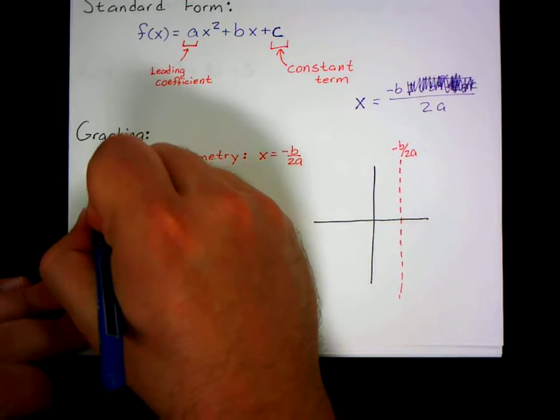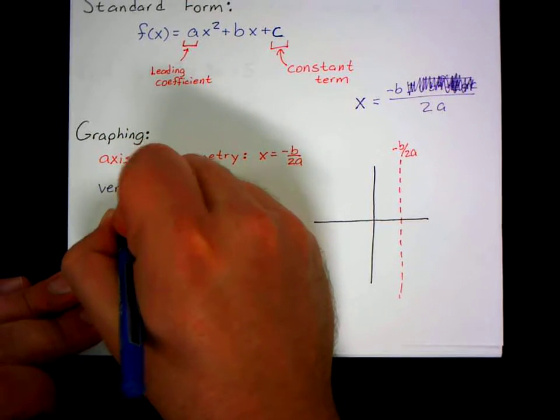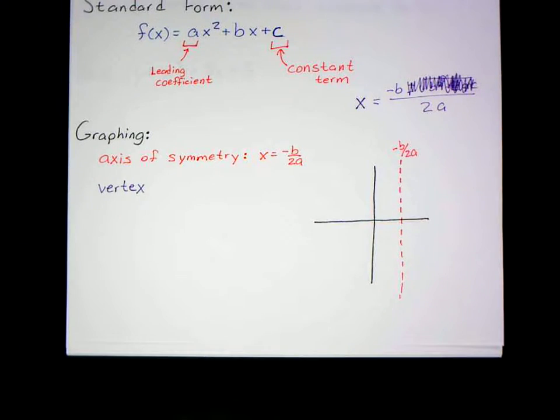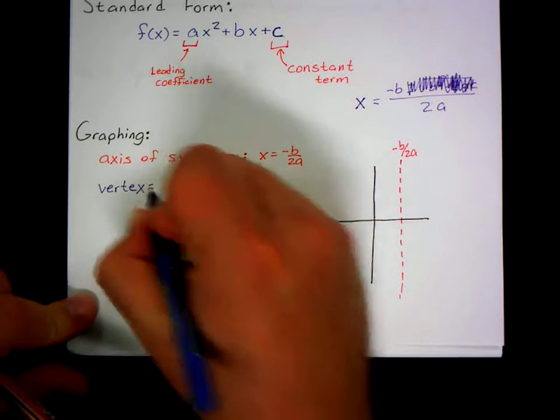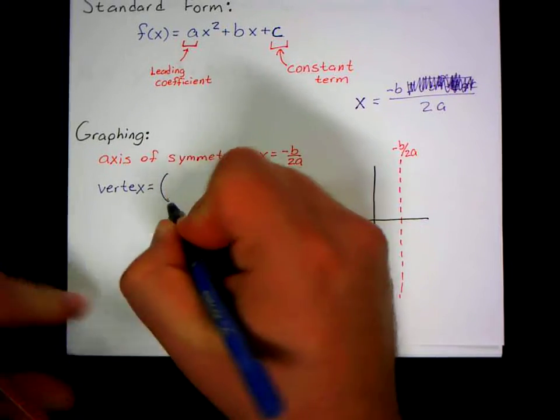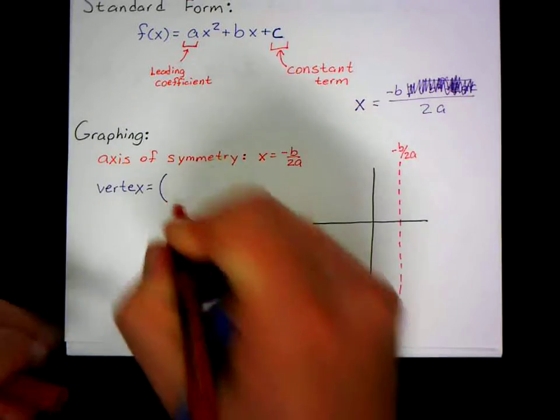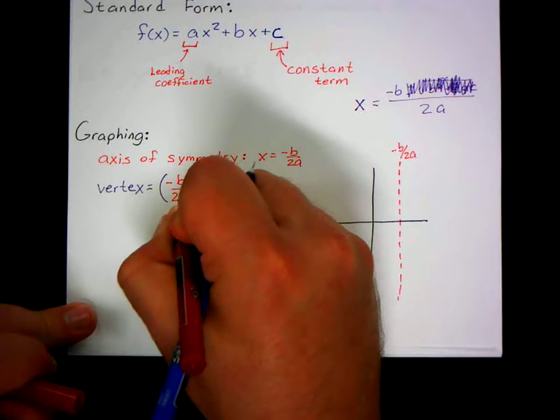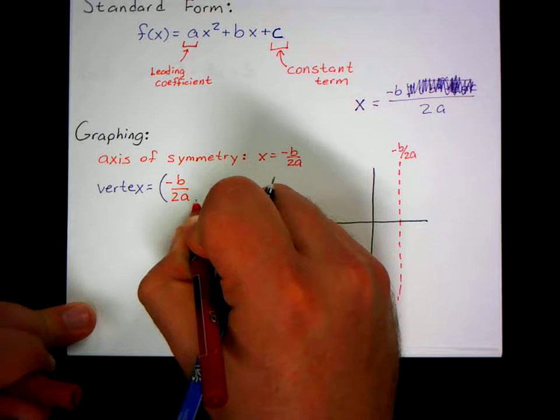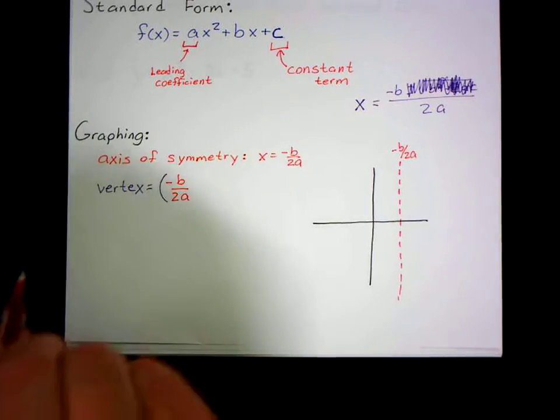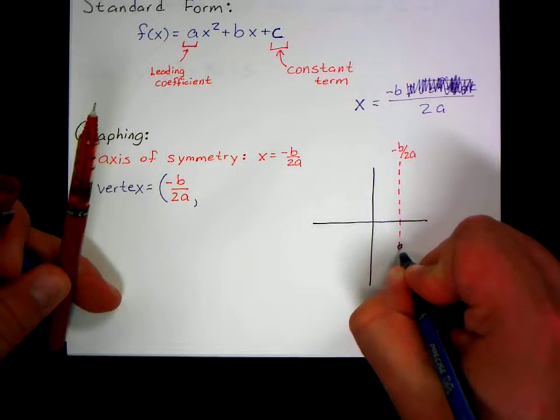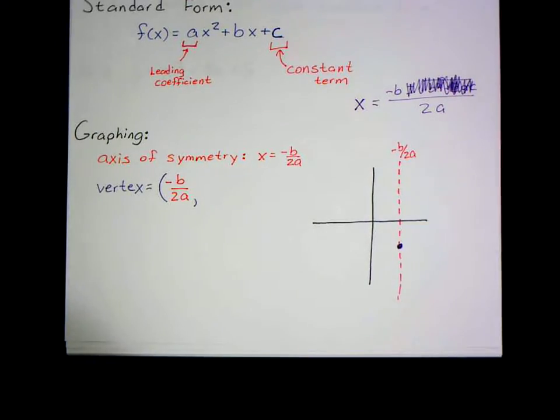Now your vertex always has to occur in the middle of the graph. So the x value of your vertex has to be that negative b over 2a, because wherever that vertex is, it has to be on the axis of symmetry.